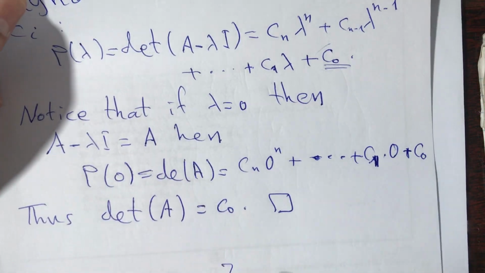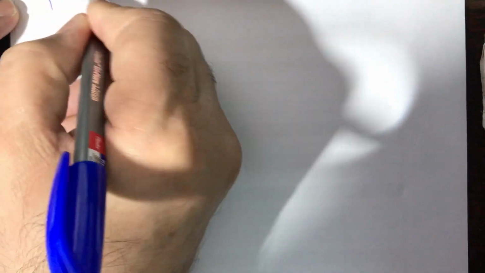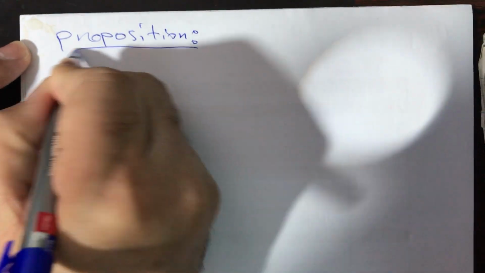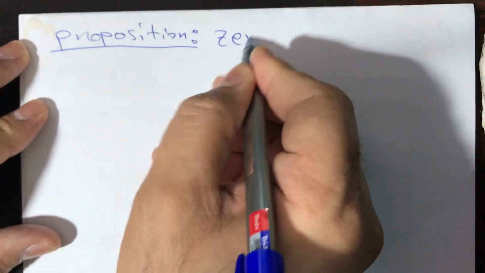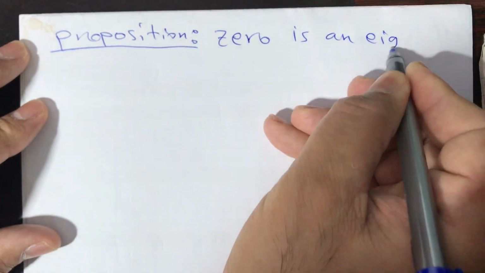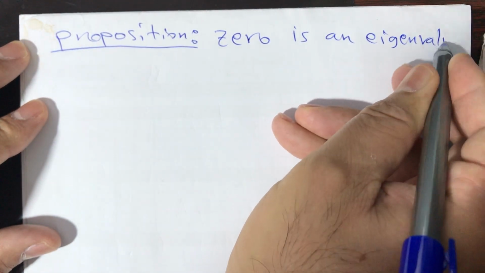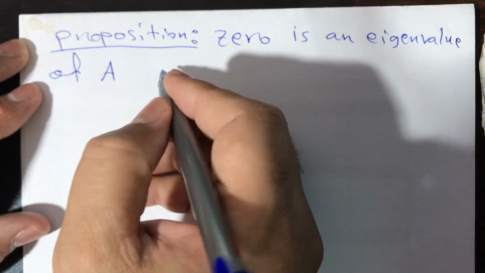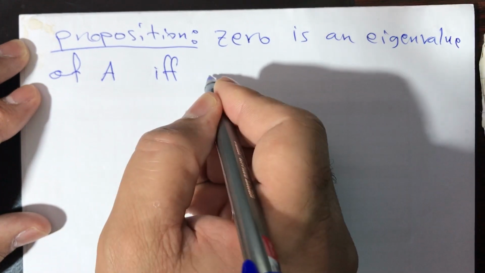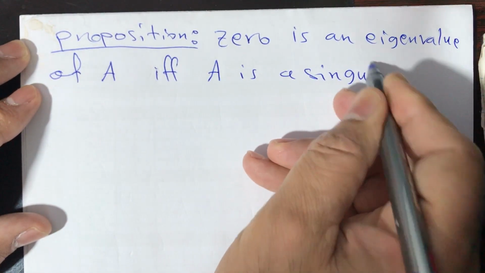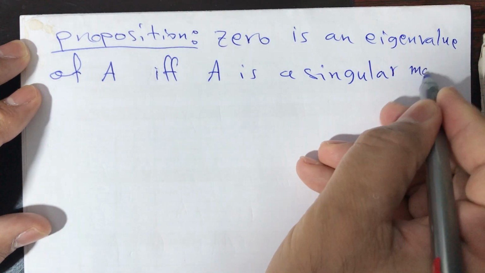This is page number 7, and there is another proposition. Zero is an eigenvalue of A if and only if A is a singular matrix.